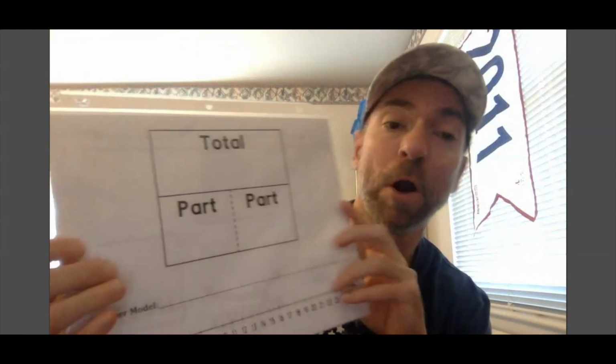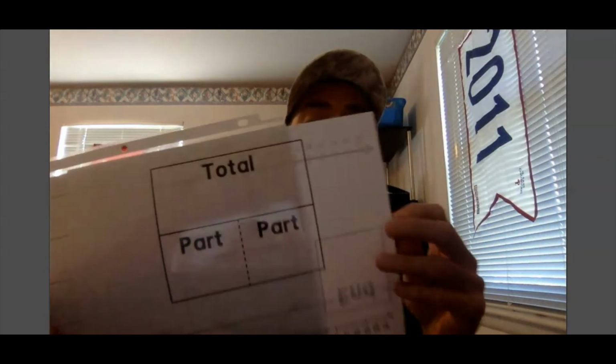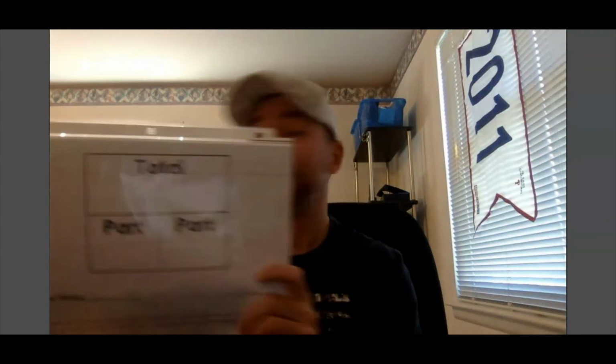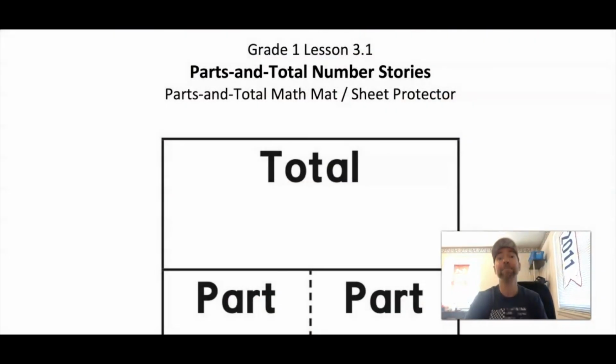We're going to put it inside our sheet protector so that we can practice using a new diagram today called part total. So you might want to hit that pause button as you search for your sheet protector. Take out your start, change, end sheet and just turn it around, because part total is found on the other side of it. So let's get started.